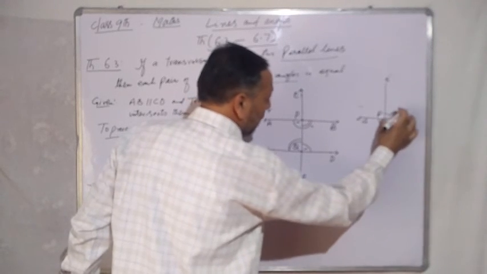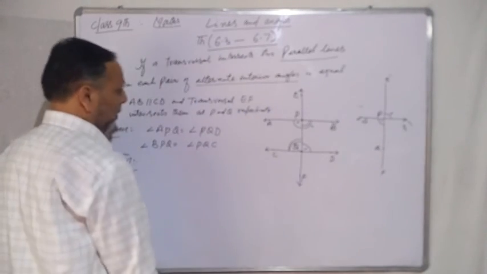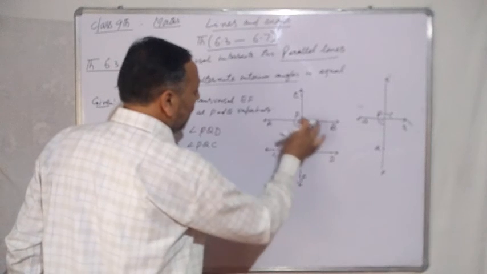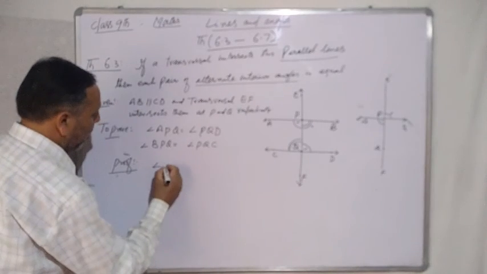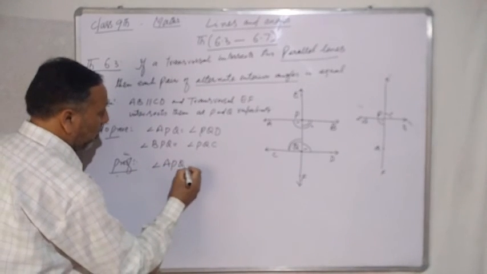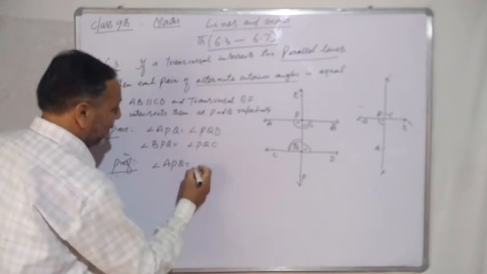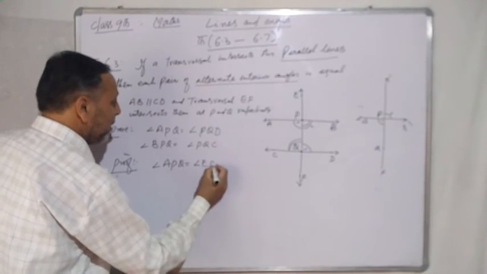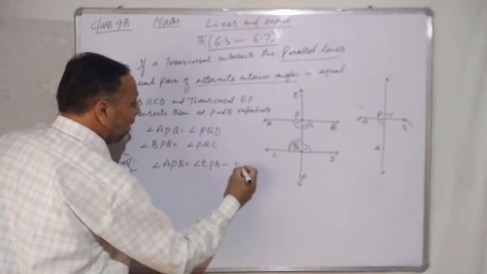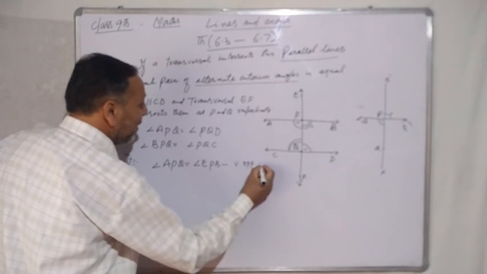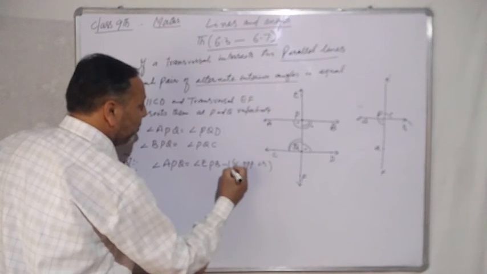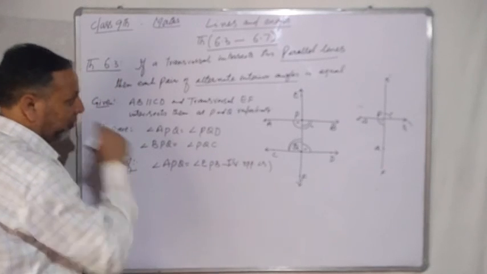These are vertically opposite angles. Angle APQ is equal to angle EPB. Keep this as first equation.